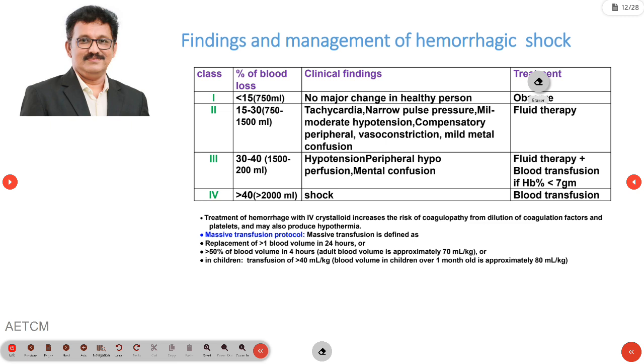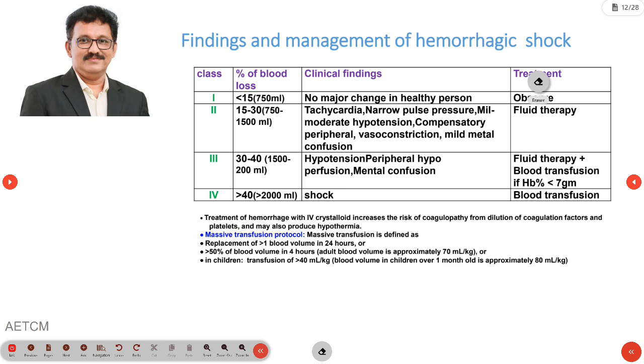Now, hemorrhagic shock can be classified into 4 major groups depending on the percentage of blood loss. You can see here 15%, 15 to 30%, 30 to 40%, more than 40%. So, depending on the change in the blood volume in the patient's body, there will be certain findings.